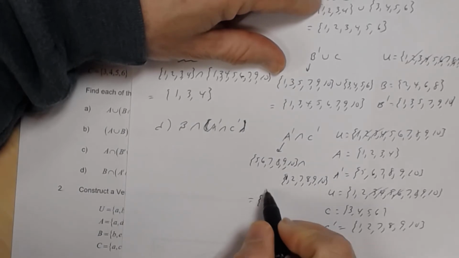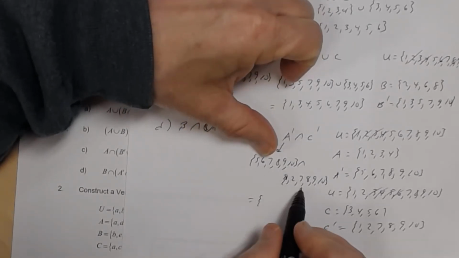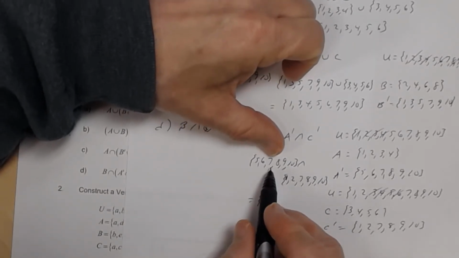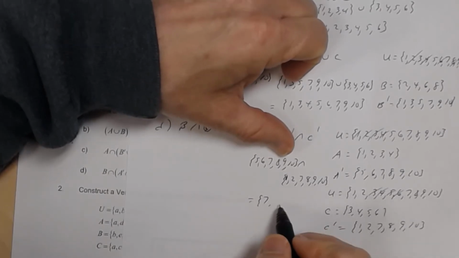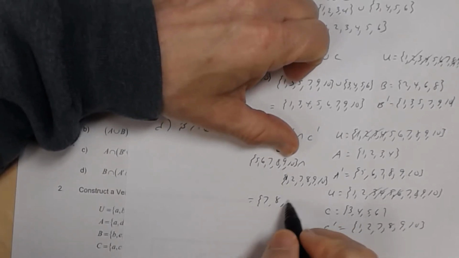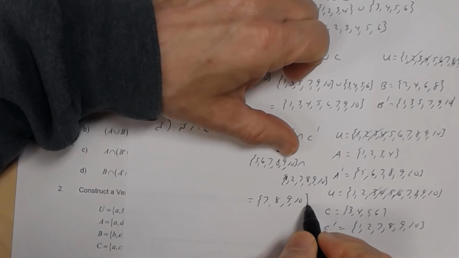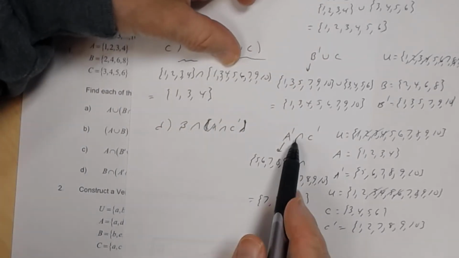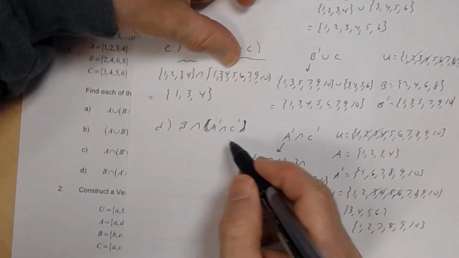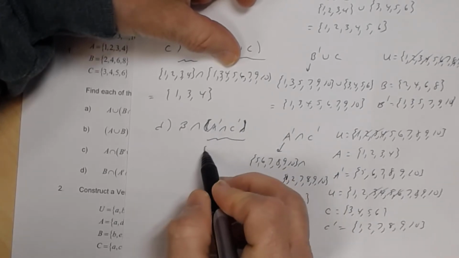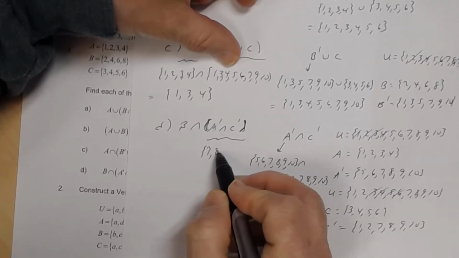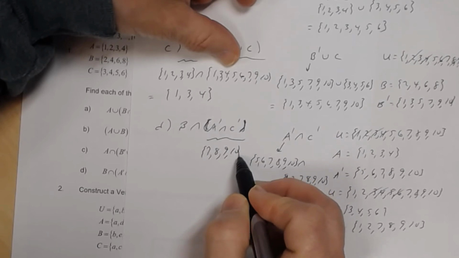So that's going to be, let's see, 5, nope, 6, no, 7, yes, 8, yes, 9, yes, and 10, yes. Okay? Now what you found, see, all of this work was just for this part here. So that is 7, 8, 9, 10.